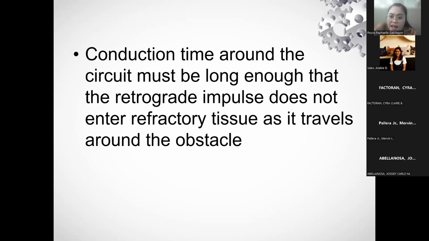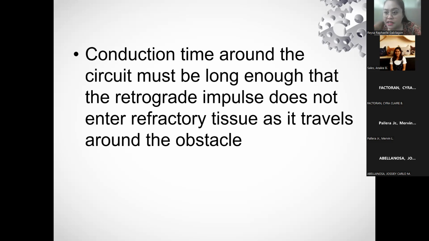Okay? So mahina yung pag-pass on ng electricity nung impulse. So hindi pa siya nakaabot doon sa fibers. Nag-fire na ng another impulse yung sinoatrial node. So bale, magdodoble na siya, no? Magkakaroon ng retrograde impulse, and that can also affect the heart rate, the beating of the heart. Therefore, that will also result to arrhythmia. Okay, so all these things can either be anatomic or physiologic.